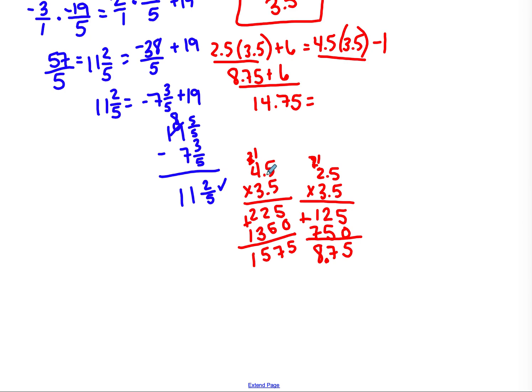Bring down the 1. 2 decimals in the problem, 2 decimals in the answer. 15 and 75 hundredths minus 1 does equal 14 and 75 hundredths. So yes, we've checked it. Yes, it's correct.